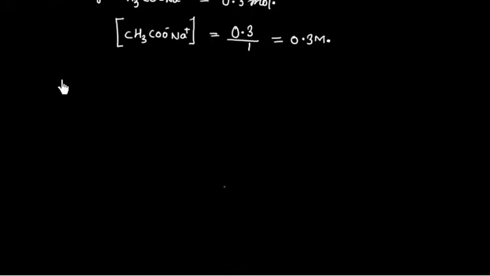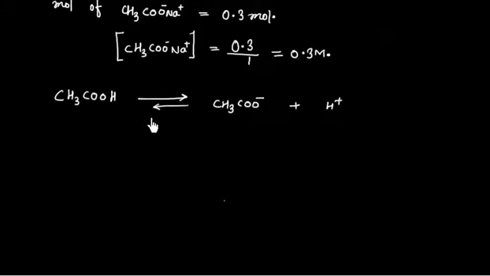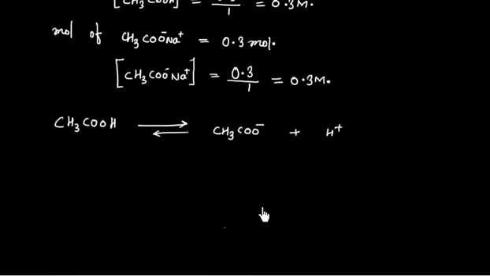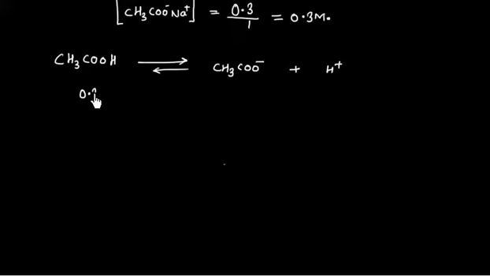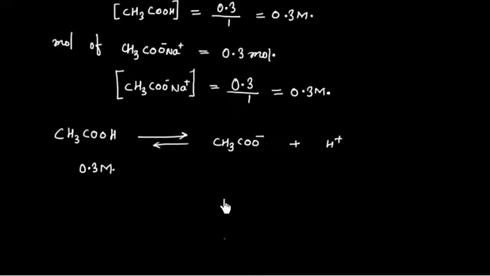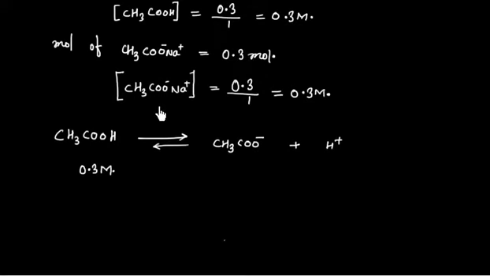Now acetic acid is a weak acid, it will dissociate and in solution it will give CH3COO minus and H plus. The initial concentration of CH3COOH is 0.3 M and the initial concentration of CH3COO minus is also 0.3 M. Because sodium acetate is a strong electrolyte, it will dissociate into CH3COO minus and Na plus.